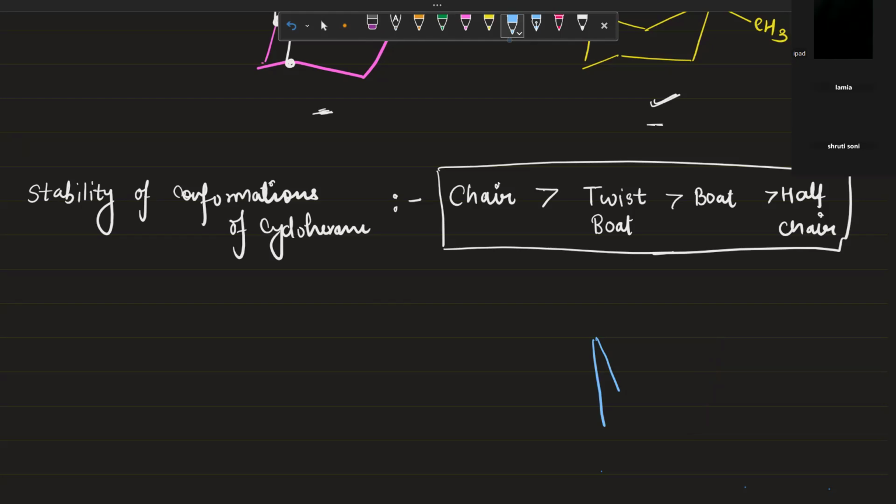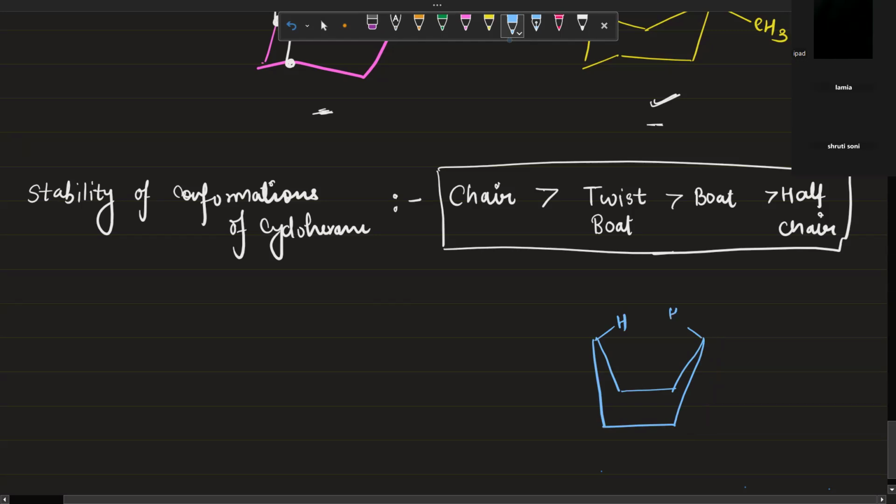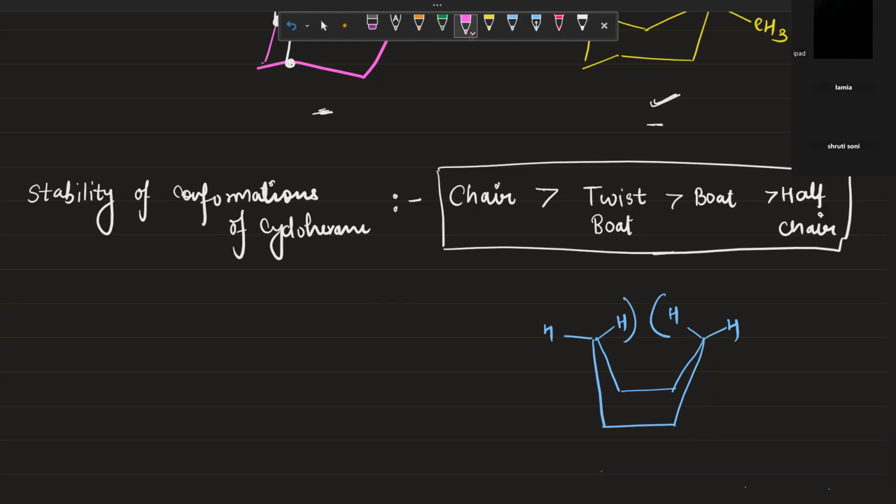See, there are two hydrogens over here, like this. These hydrogens are causing steric hindrance to each other, and these hydrogens are on the top of the structure.